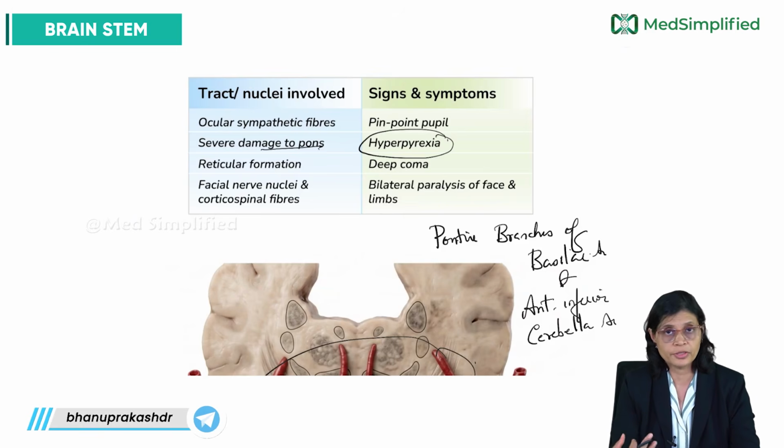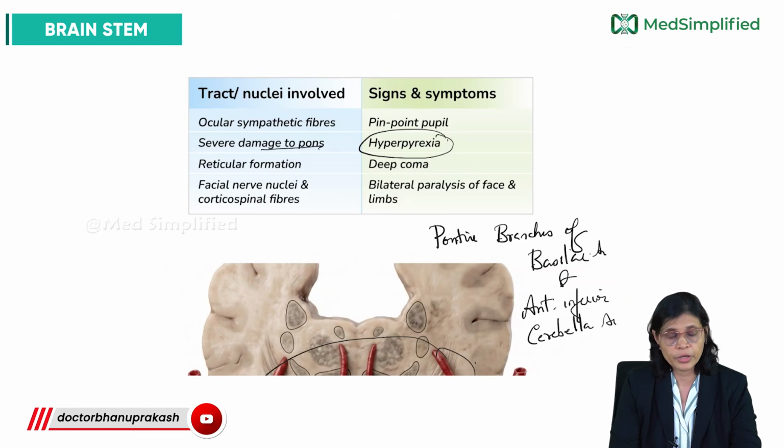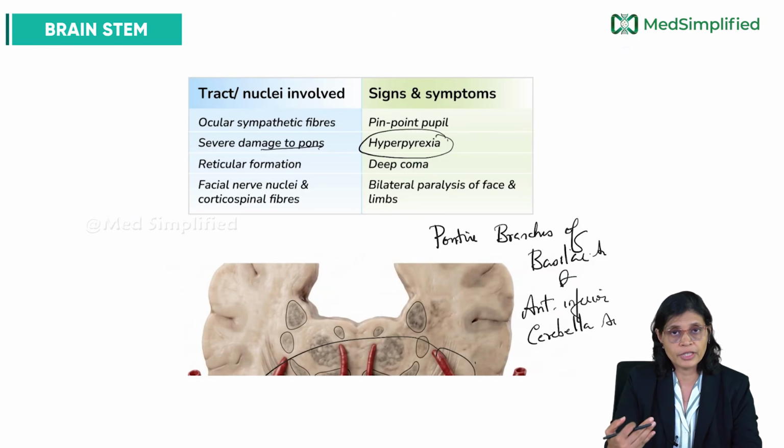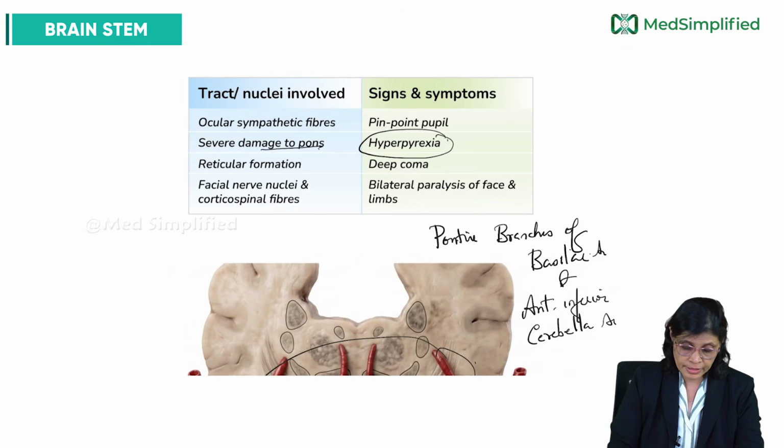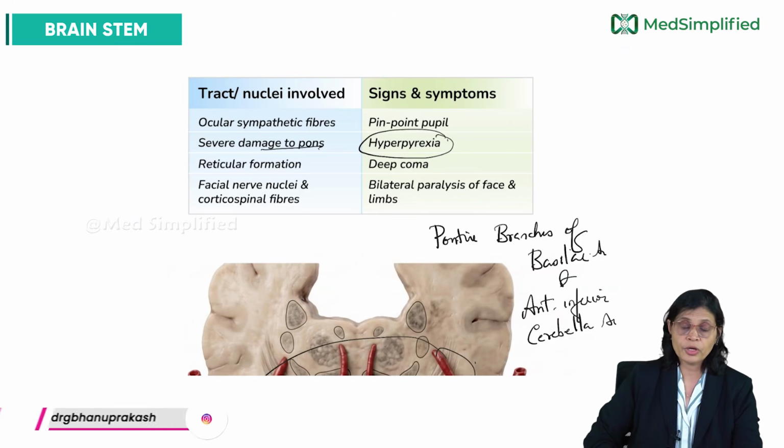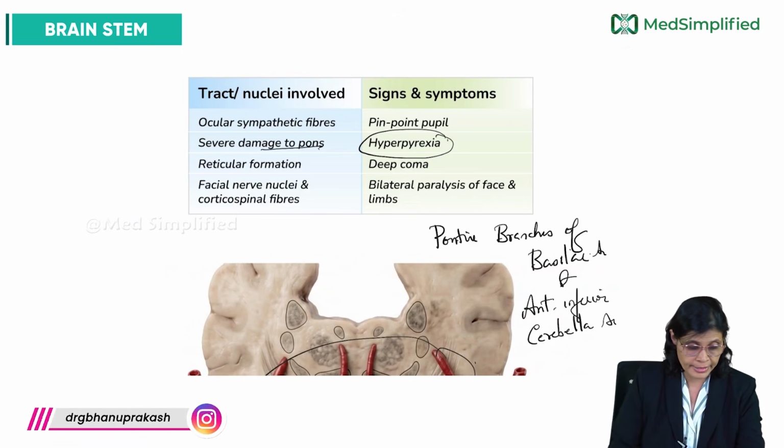When I say the pons is cut off, it basically means the body is cut off from the hypothalamus, because the regulatory center for body temperature is in the hypothalamus. Hypothalamus regulates the body temperature, right? Because of damage to the pons, the connection between the hypothalamus and below is lost, because of which there is hyperpyrexia.